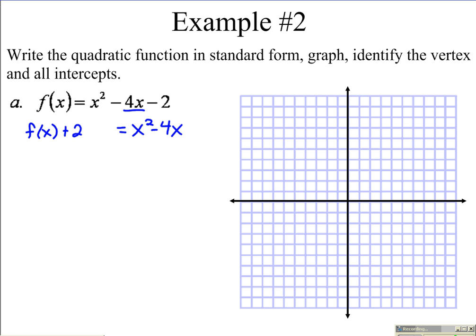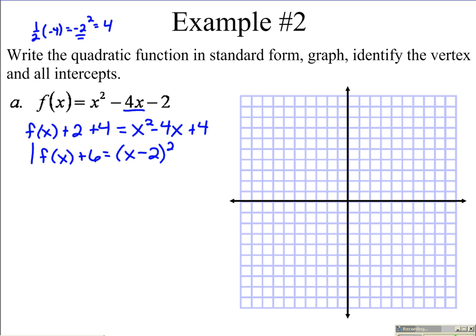Take half of -4. Half of -4 is -2. -2 squared is 4. So I add 4 to both sides. F of x plus 6 equals, remember this always factors the half the middle term, which was -2.